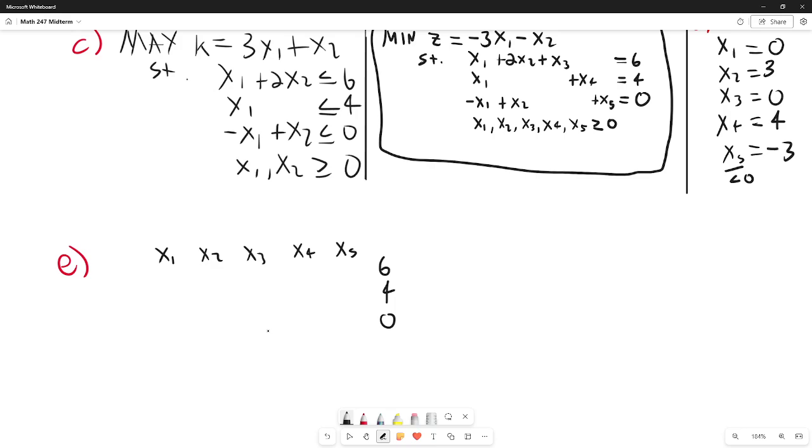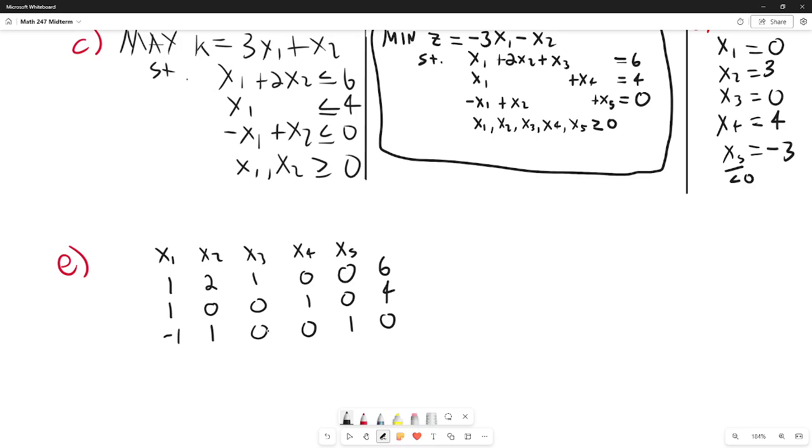So for x1 here we have 1, then 2, then 1; then 0, 0, 1, 0, 0, 1, 0, then -1, 1, 0, 0, 1. Okay, so this finished the top portion of the matrix we need to make.